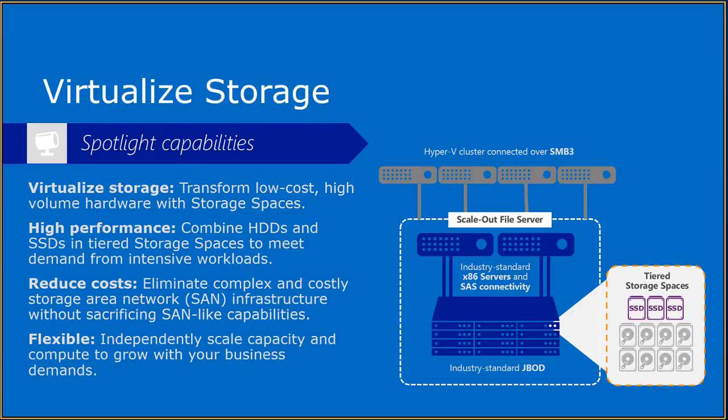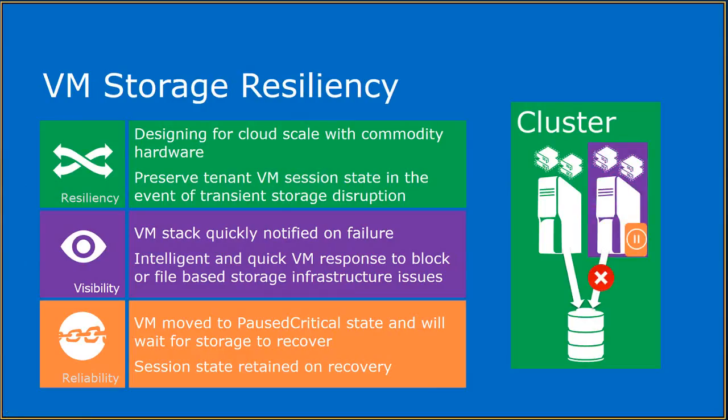So Microsoft has continued to enhance this, supporting different tiers of performance, and making it much easier in this version to add new storage and new disks. Now within the cluster world, one of the biggest enhancements they've added here is around storage resiliency. Traditionally, if one of my hosts lost access to the storage, the VMs running on it would crash.